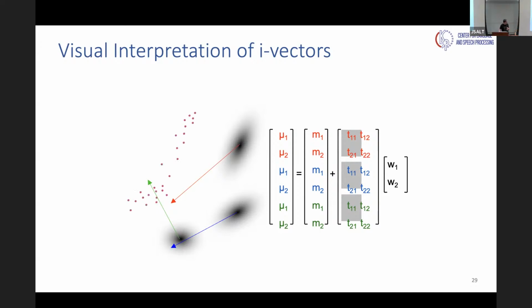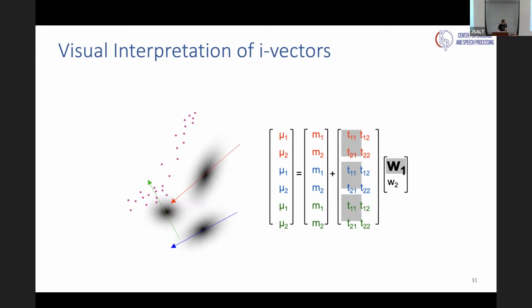So now, suppose that I observe this data. This is the data from my test utterance. Now what I'm going to do is modify W1 to make these Gaussians closer to the actual data. You can see here that the data is up here, but this Gaussian cannot move to the data because its movement is restricted to this line, right?